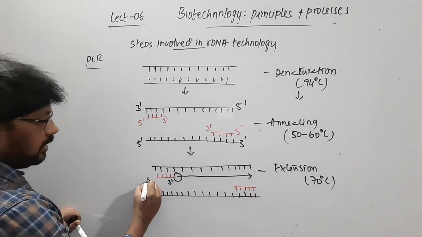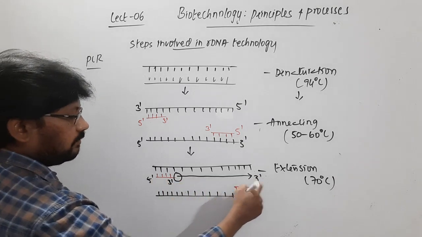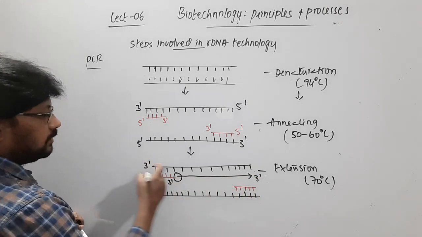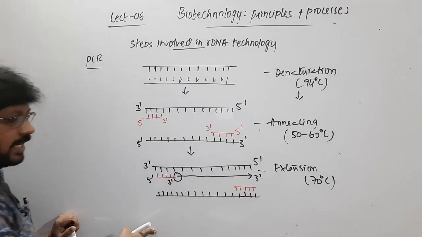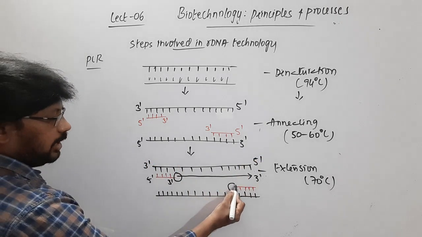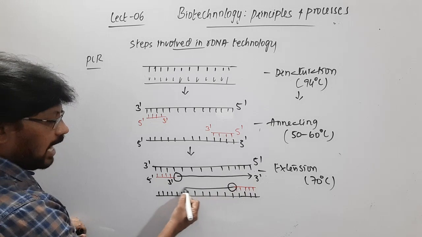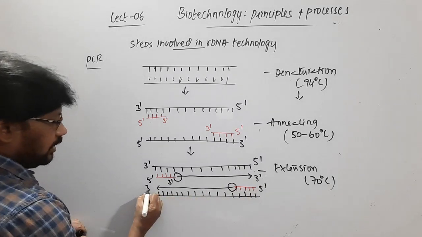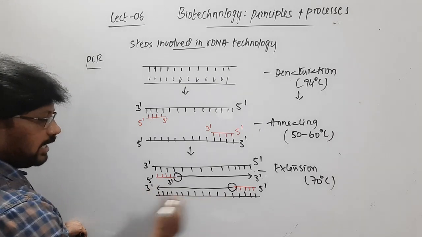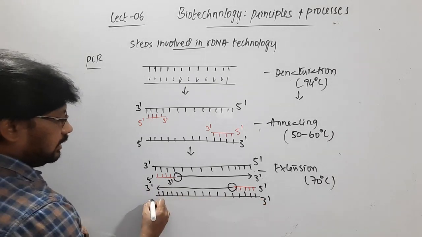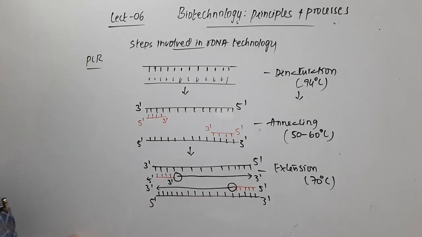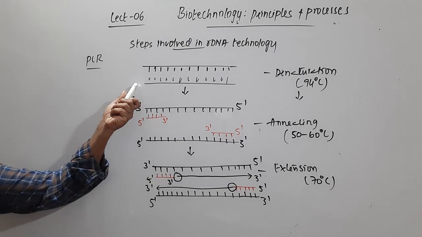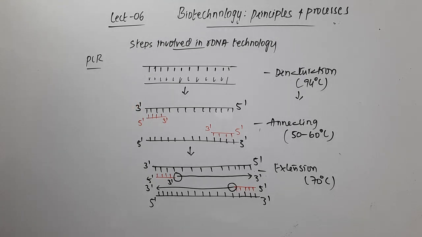So this will become the new strand with 5' to 3', and earlier it was 3' to 5'. The same thing will happen here also. The Taq polymerase will add on new nucleotides, and this will become 5' to 3', and this is already 3' to 5'. So now you can see, once this extension is completed, the one DNA molecule became two DNA molecules.